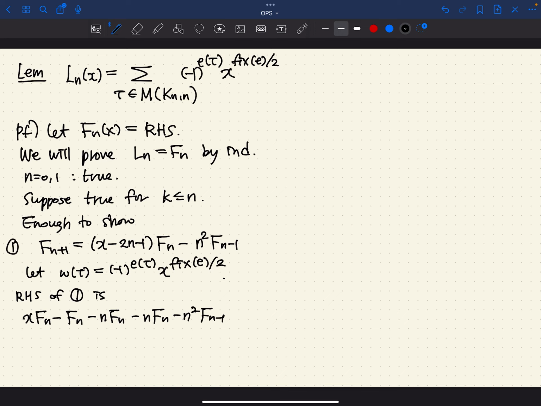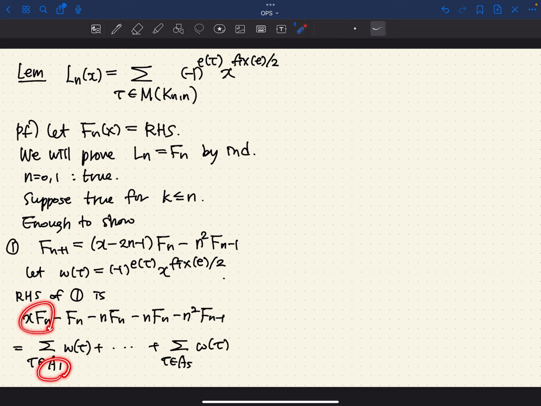And this is equal to the summation over tau of a1. I'm going to express each term using a generating function for the object, like matchings. Basically it's up to a5, the same thing. Each ai will be a generating function for this: a2, a3, a4, a5. So I need to define what the ai's are.